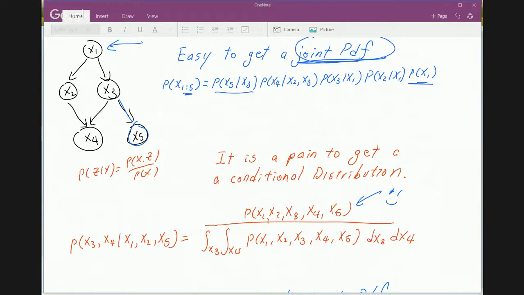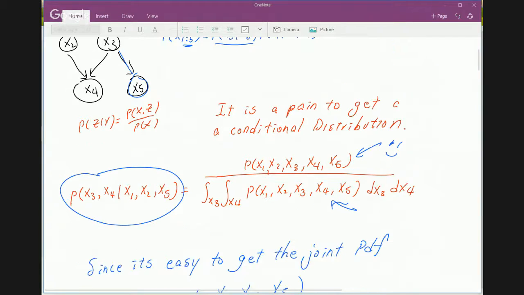If the function is easy, you can solve this integral, but very often you have a very complicated joint PDF. So solving this integral is sometimes not even possible. Nobody knows how to do it. So how do you get a conditional distribution in those situations if you can't even solve for this?